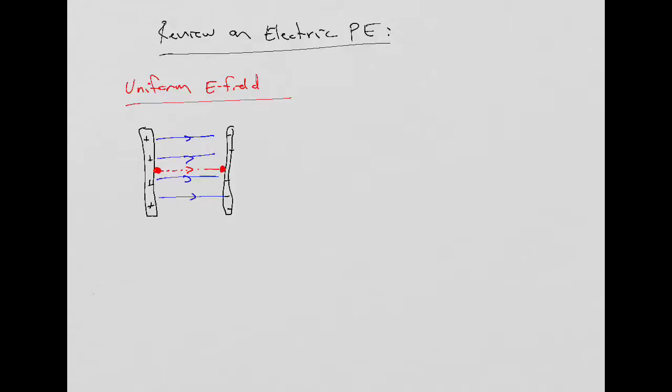And we asked how much work was done by the electric field in moving this charge from the positive to the negative on that red dotted line. And with some calculus, we were able to show that the work done is just QE times the displacement over which that charge traverses in the electric field.